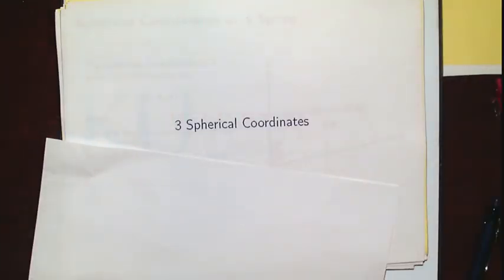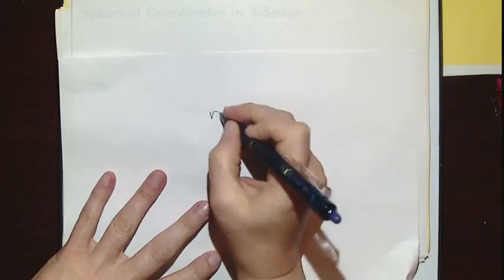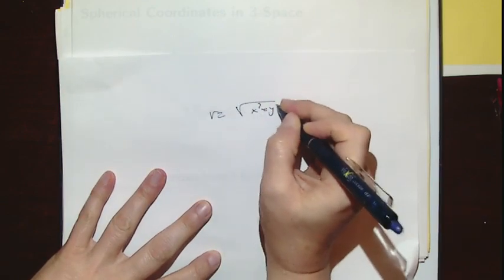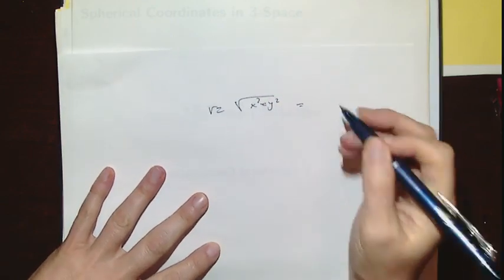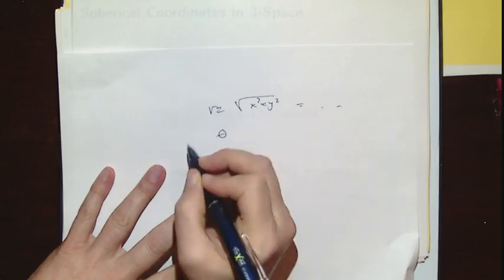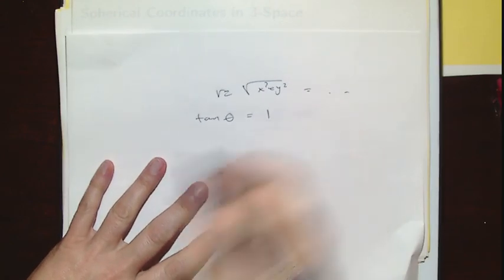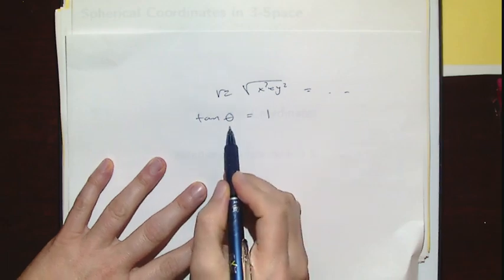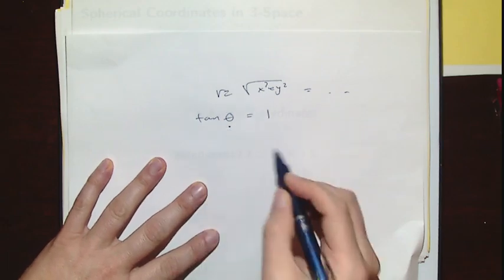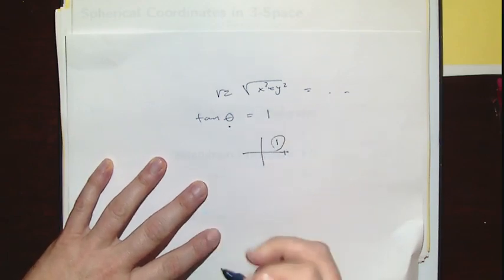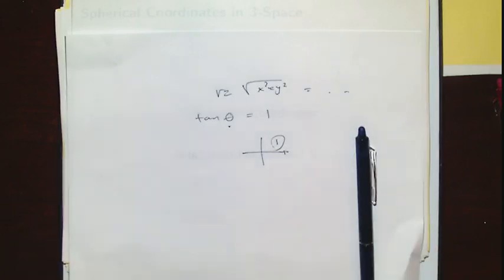So what is R? So what is that? What is theta? Tan of theta is equal to 1. What quadrant is theta in? Quadrant 1. So that angle. Is everybody okay? And z, does z change in cylindrical?